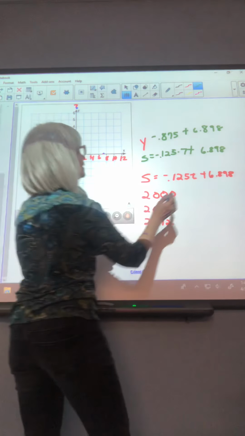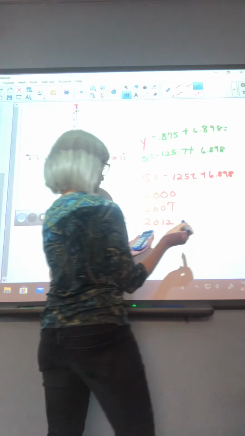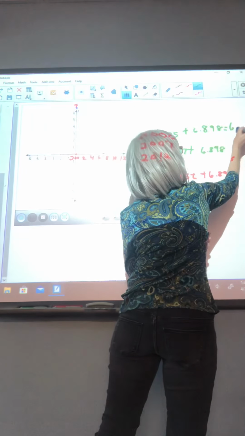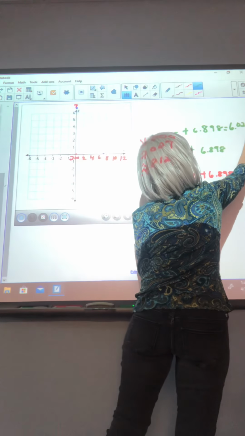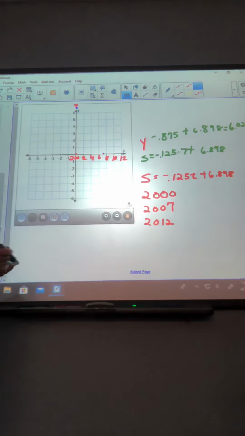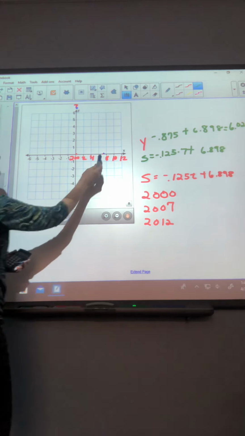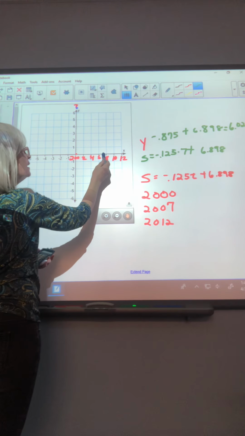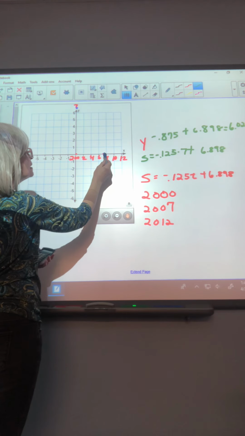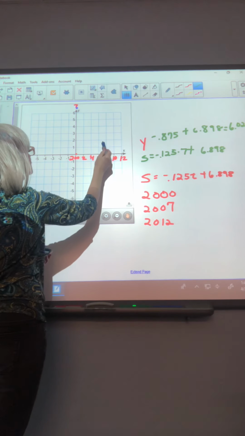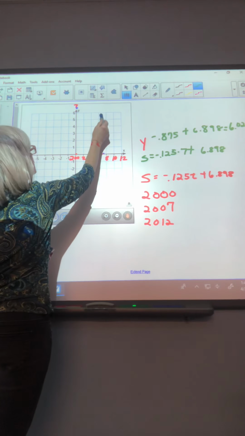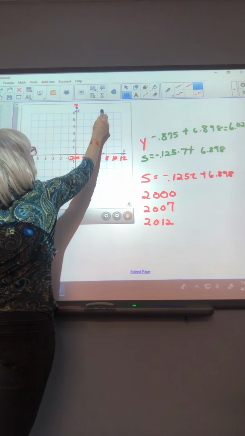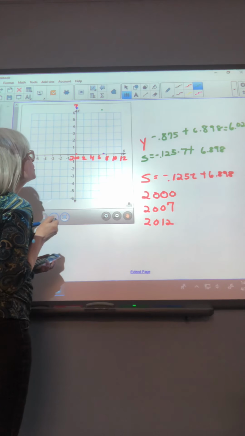And so we get a positive 6.023. So our year was 2007. The sales were 6.02, which is just under the 7. And so there's our point.